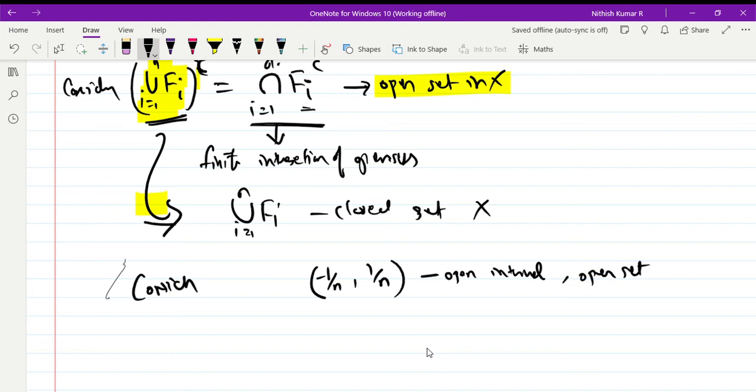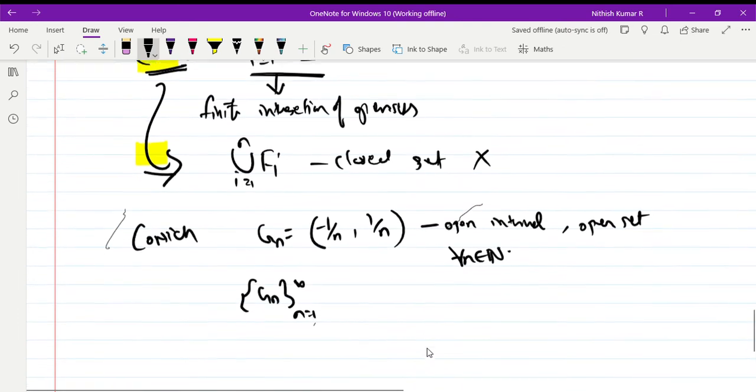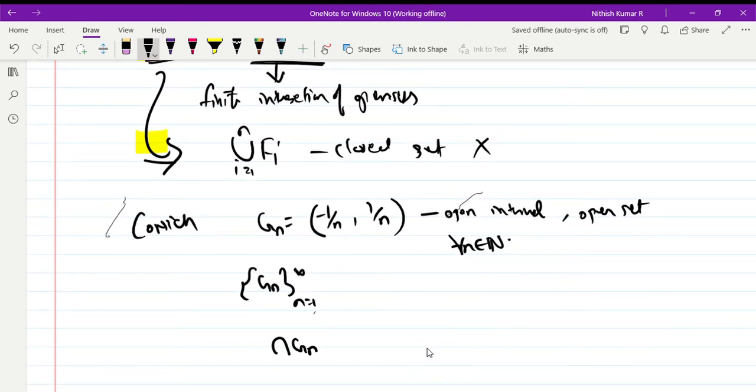Let's take Gn equal to (-1/n, 1/n) for all n belongs to N. So the collection Gn, n equal to 1 to infinity, is an infinite collection of open sets. Now what is the intersection of these Gn? That is nothing but the intersection of (-1/n, 1/n), where n ranges from 1 to infinity.